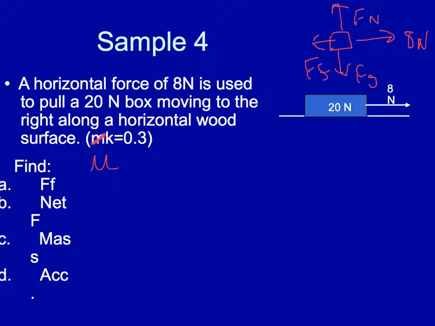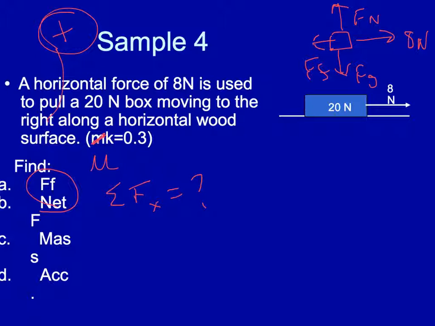Now, F net is really nothing more than the sum of the forces, and again, we're talking about the x direction. So it's the sum of the forces in the x direction. It's moving to the right, so I'm going to say right is positive, just to remind myself.